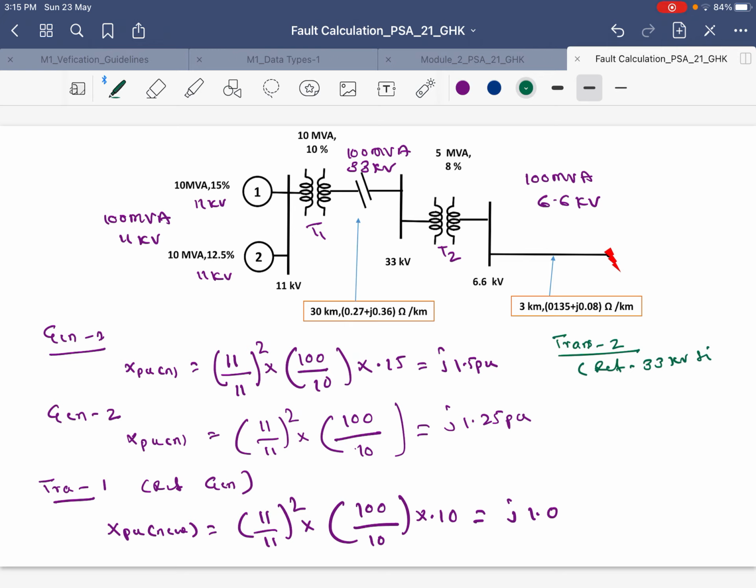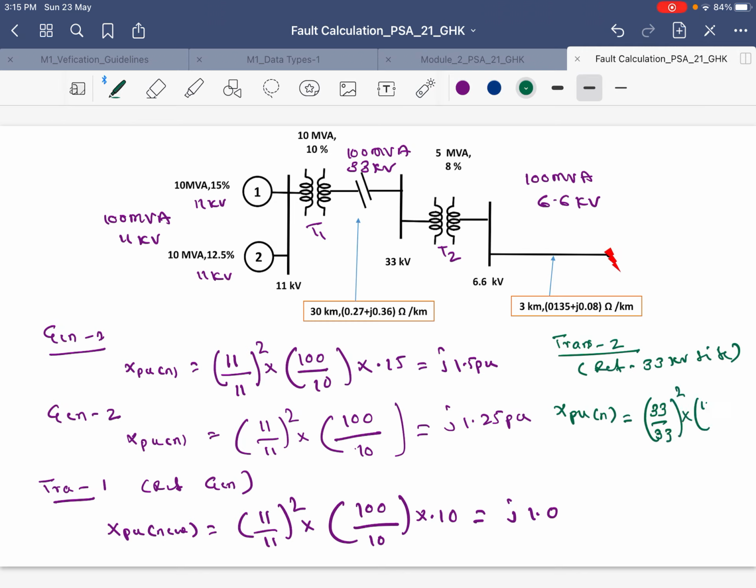That is towards the transmission line. Therefore, here X per unit new is equal to kV old towards 33, that is 33, base is also 33 whole square.